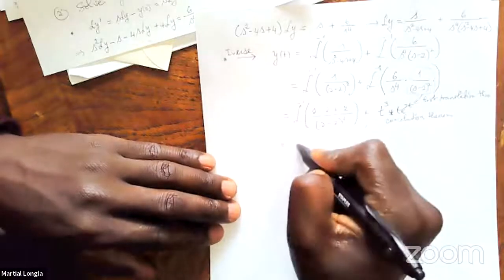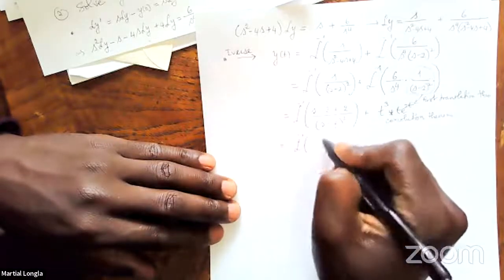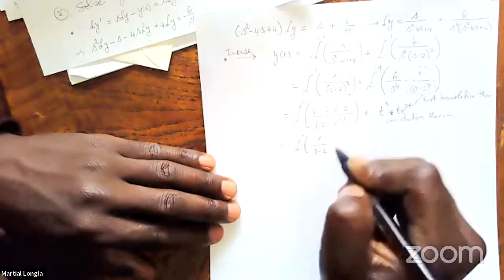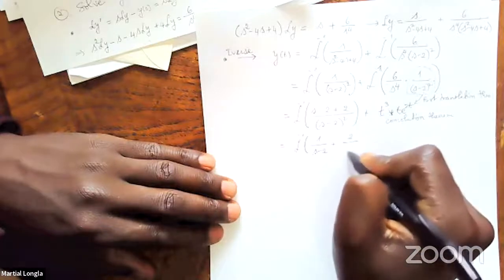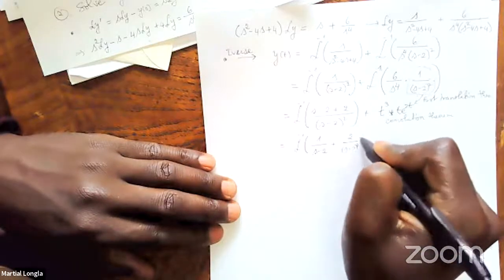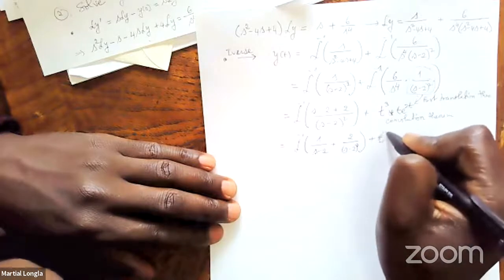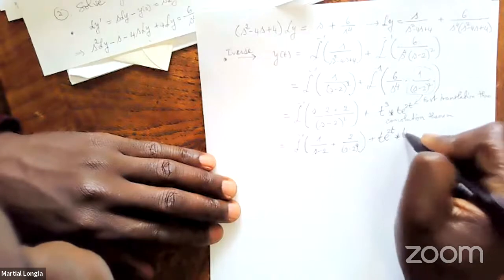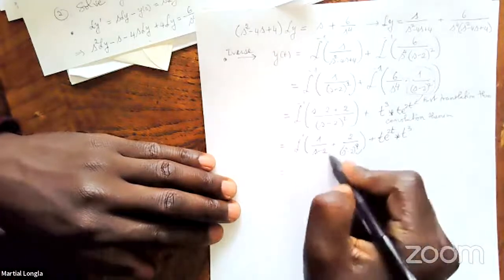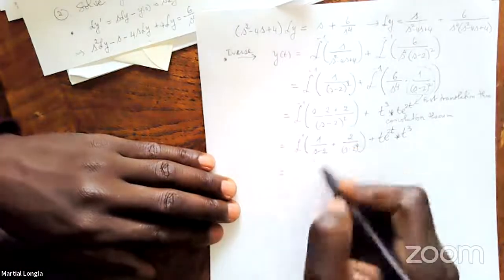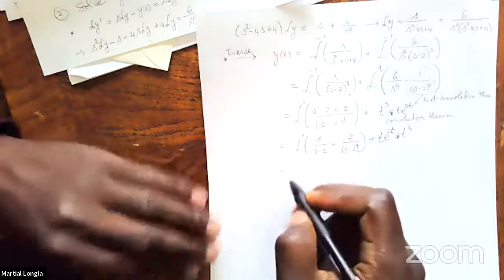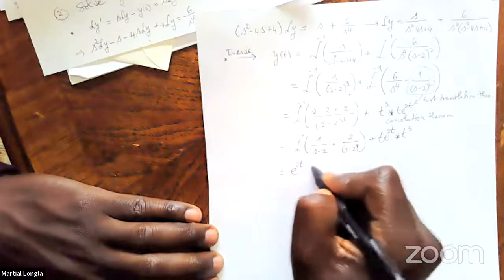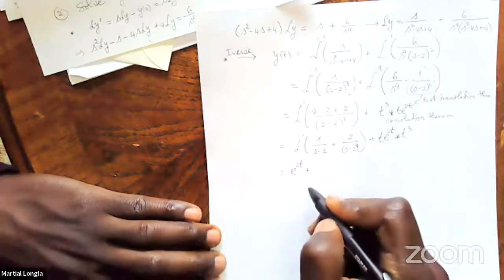So you split this, it's going to be the inverse Laplace transform of 1 over s minus 2 plus 2 over s minus 2 squared, plus t cubed, or I can say t e to the 2t star t cubed. So what's the function that has Laplace transform 1 over s minus 2? E to the 2t. And the 2 over s minus 2 squared?